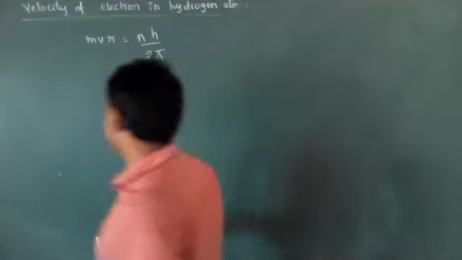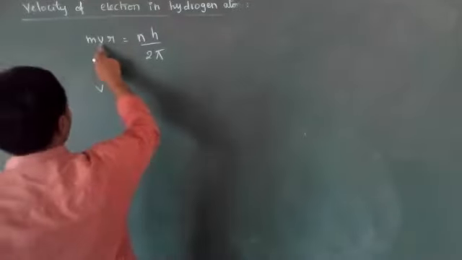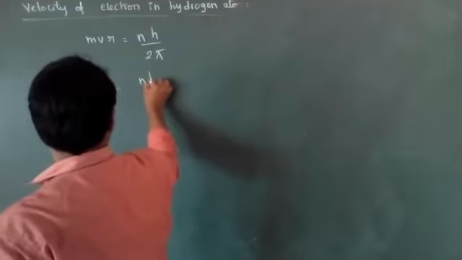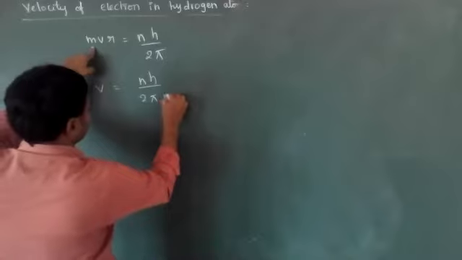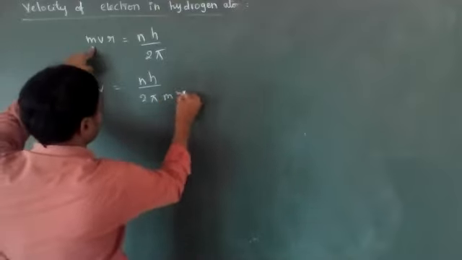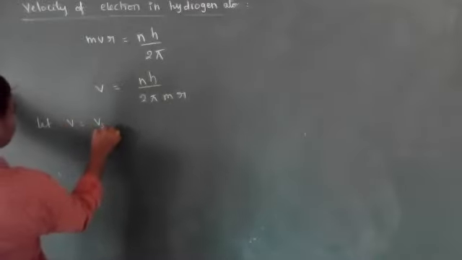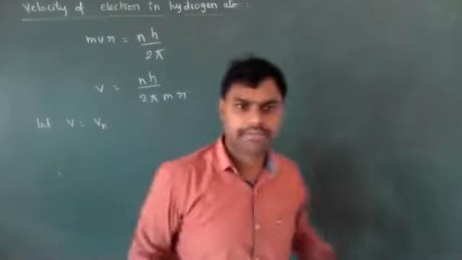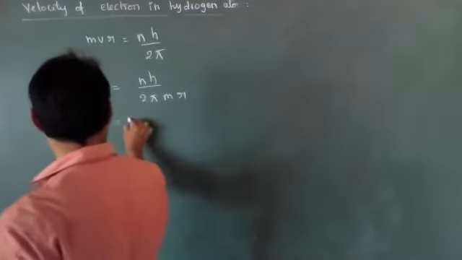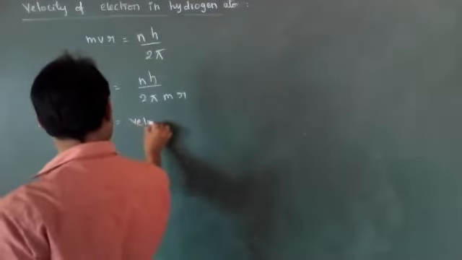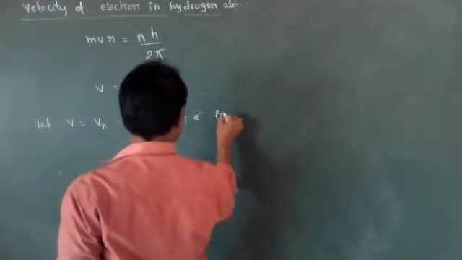We know this very well. So v is equal to nh by 2 pi m r. Let v be Vn. Here, in place of v I am taking Vn, meaning the velocity of the electron in the nth orbit.